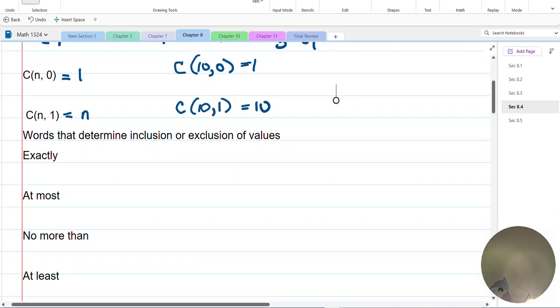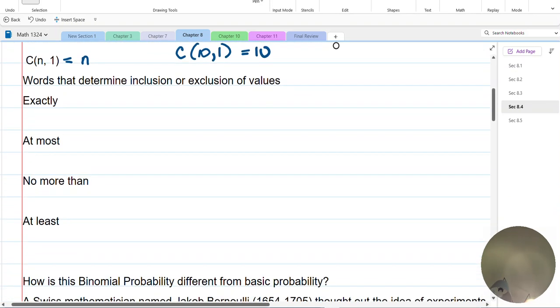Now let's talk about language. In this section, we have several words that imply the difference between two concepts.